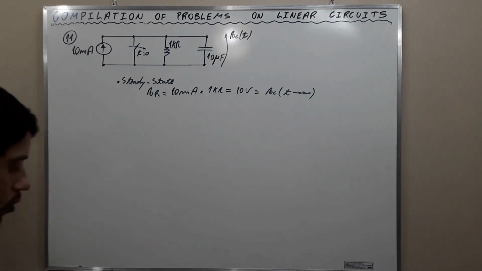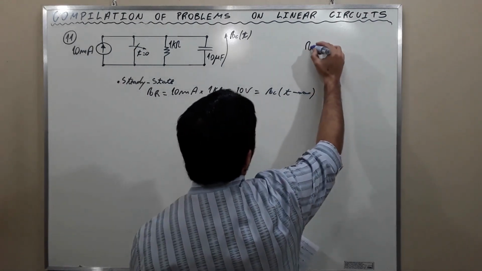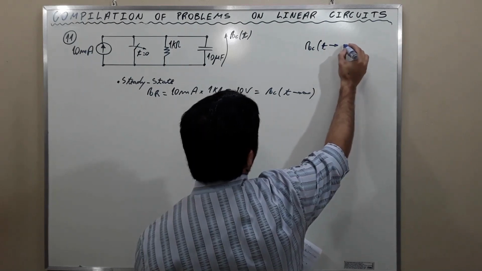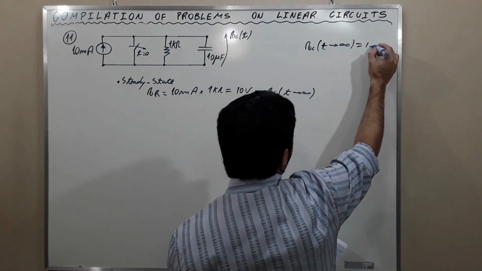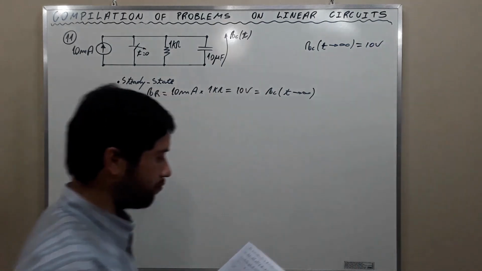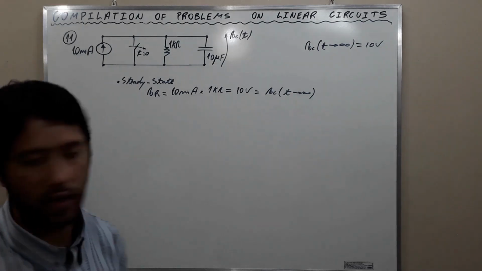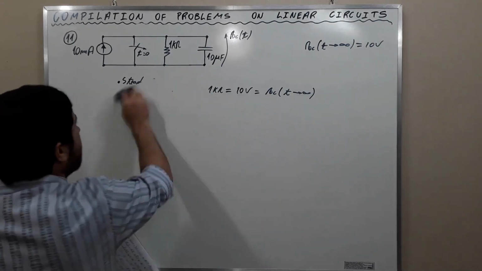We have already calculated it. Let me write it here. Vc of steady state is equal to 10 volts. Okay. Now let's analyze the transient.